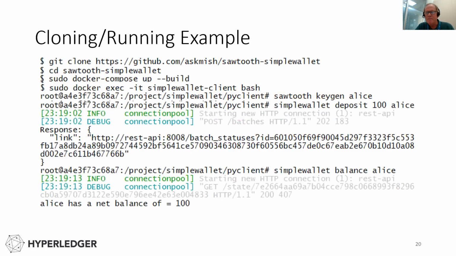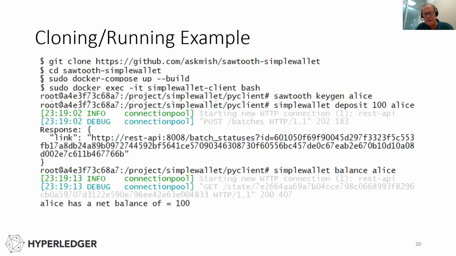What that does is it creates a transaction, creates a batch and a batch list, and it posts that batch list using the REST API. And then the response comes back and it tells us whether the batch was posted successfully or not.